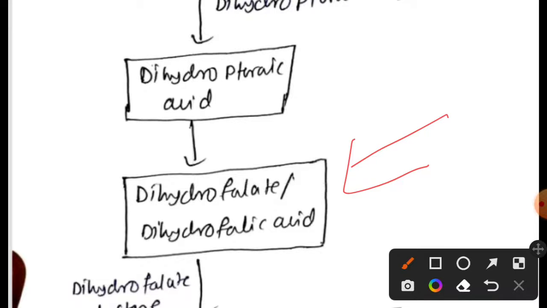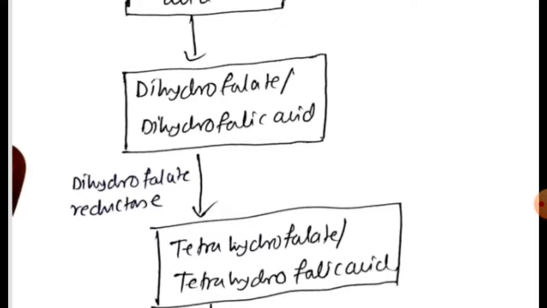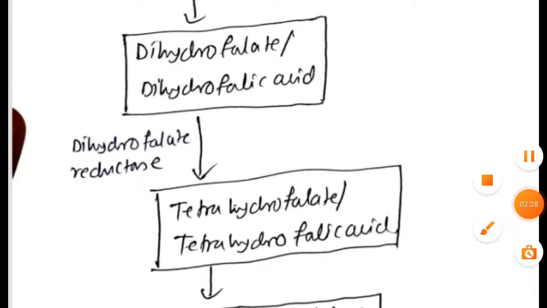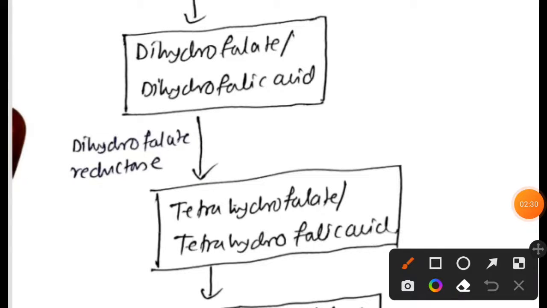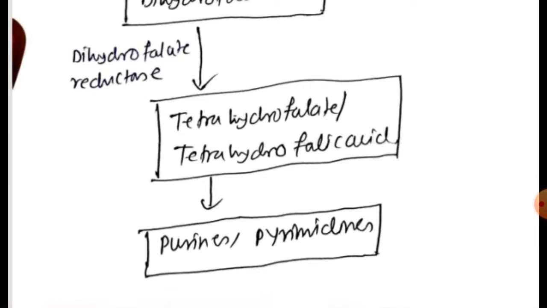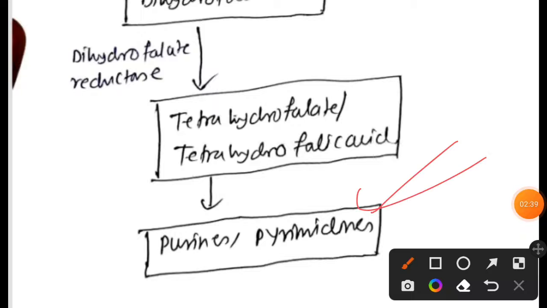Dihydrofolate reductase then converts the dihydrofolate into tetrahydrofolate or tetrahydrofolic acid, which ultimately leads to the formation of purine and pyrimidine.